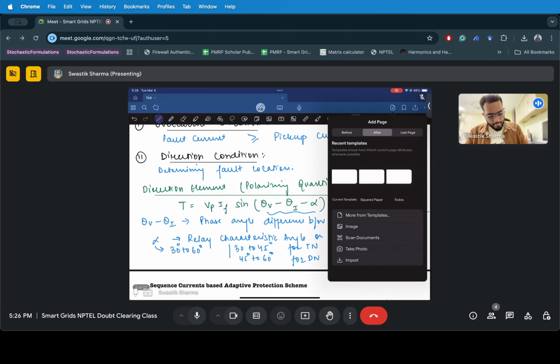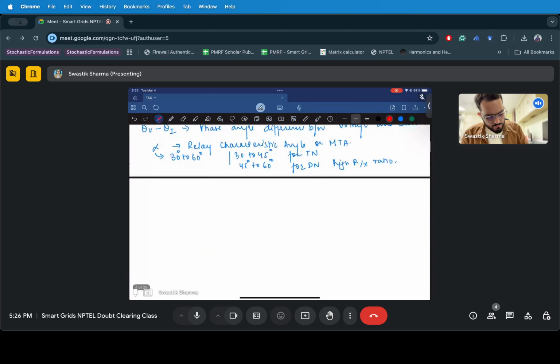For that, this was not talked about by ma'am, but still, for microprocessor-based relays, what the microprocessor does is it is good at computation.